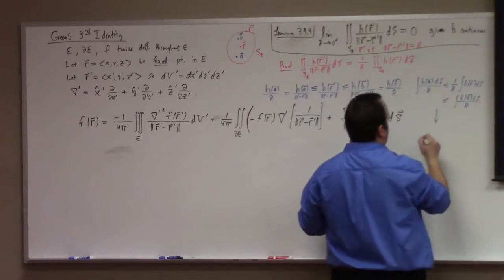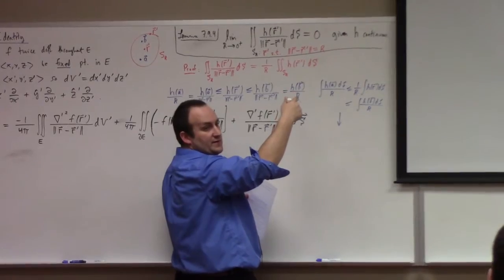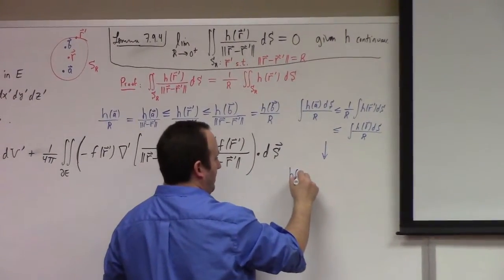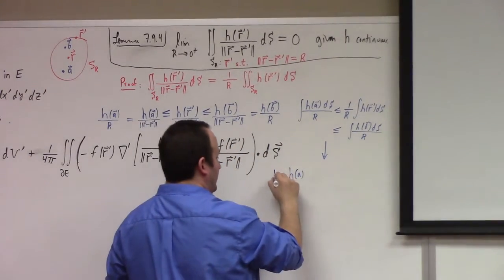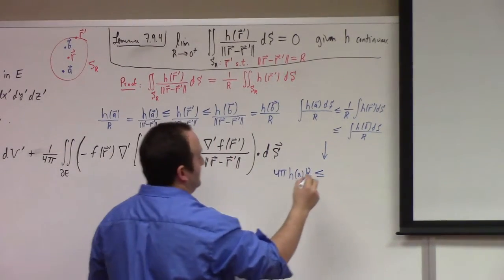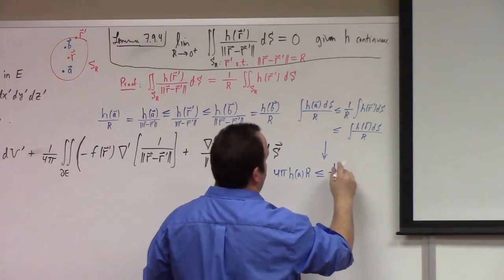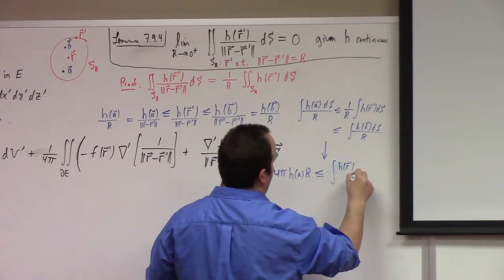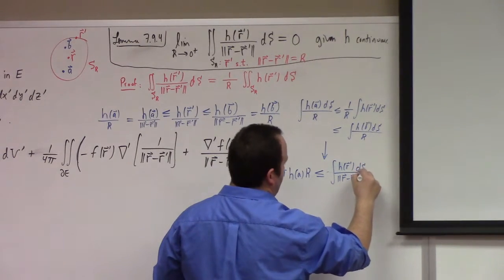Okay, but these are just constants, right? What's the surface area of a sphere? Right, so I get 4 pi r squared divided by r, which gives me 4 pi r h of a, less than or equal to the integral of h of r prime, the thing I'm trying to show goes to 0, right?